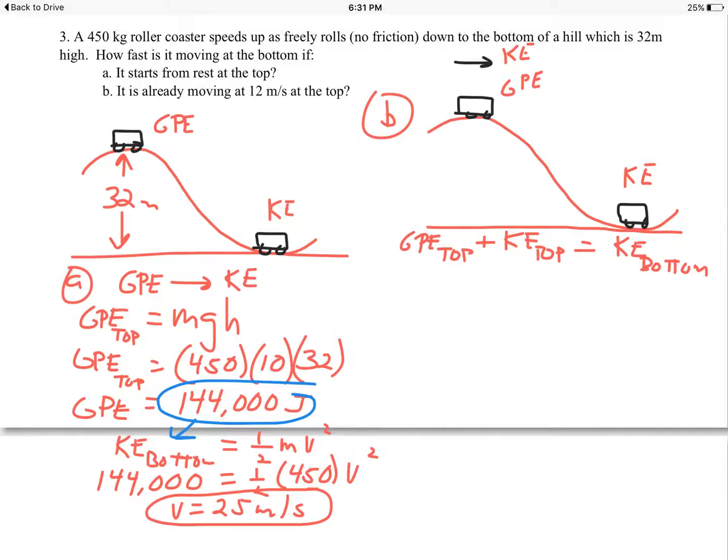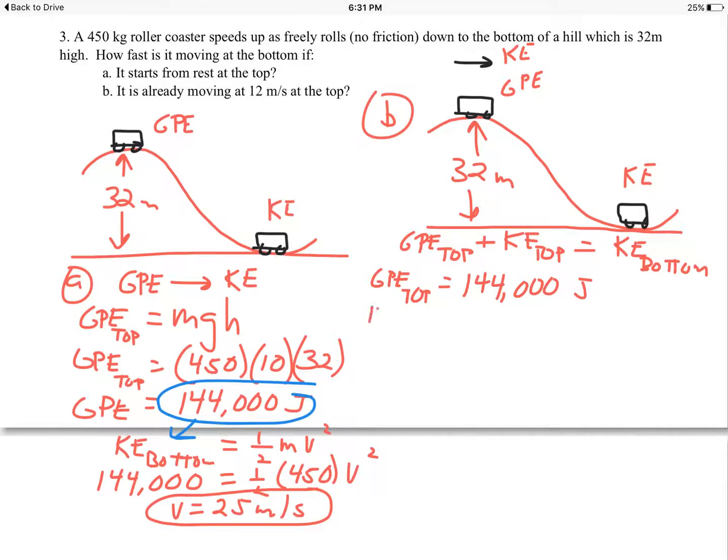We already know that the GPE at the top is 144,000 joules. It's the same hill as before. I didn't mark that down, 32 meters.